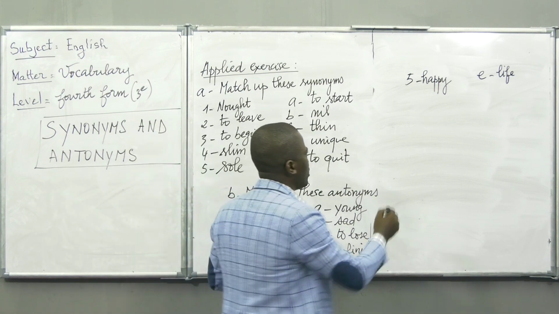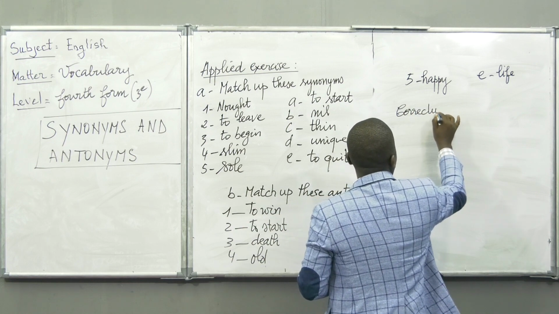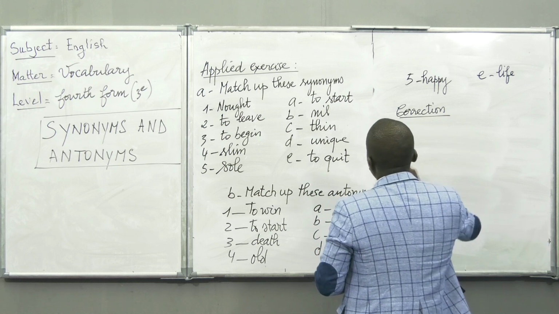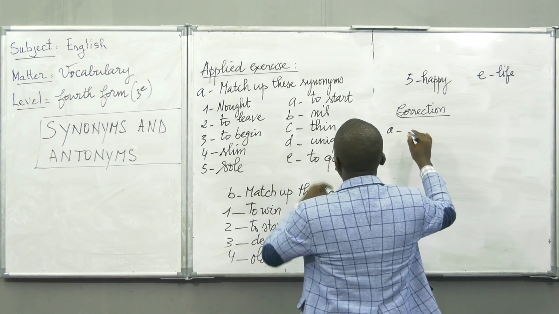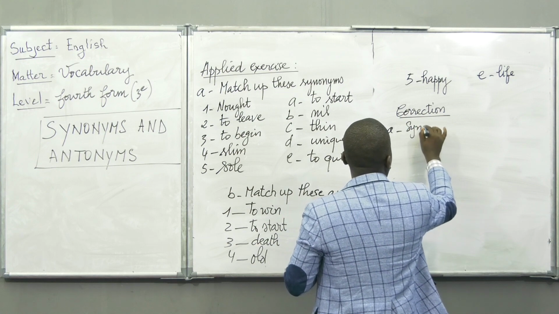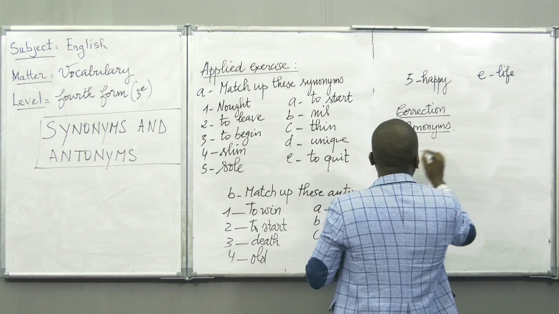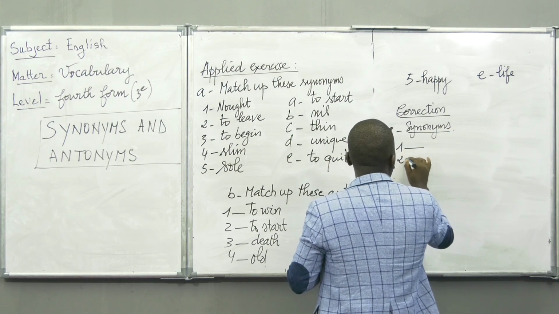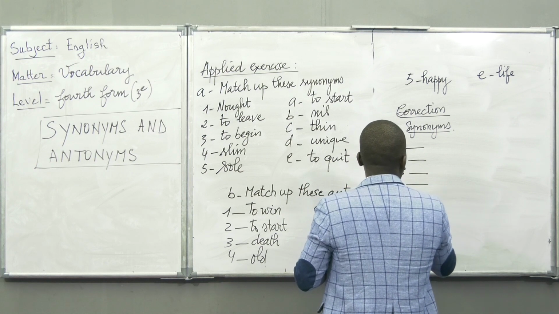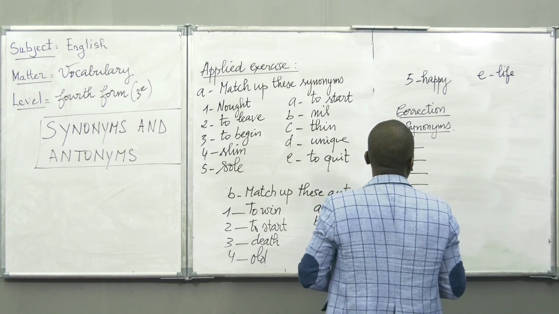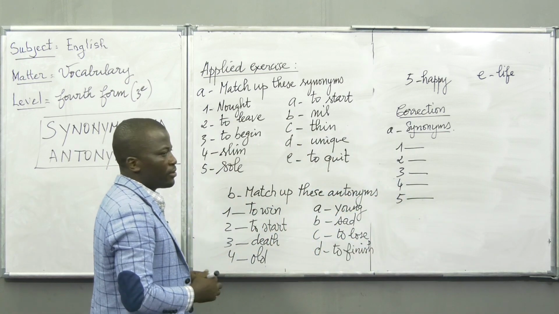Now we're going to correct it here. Correction. Okay. Now A, we have synonyms. Good. 1, 2, 3, 4, and 5. Okay, class.